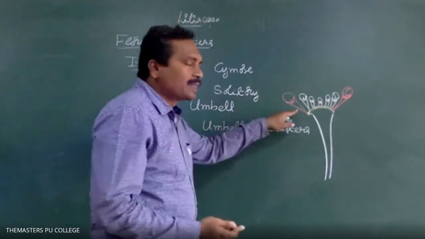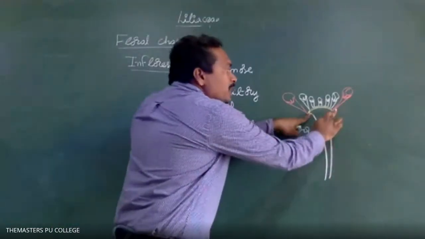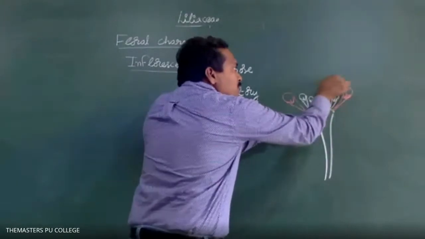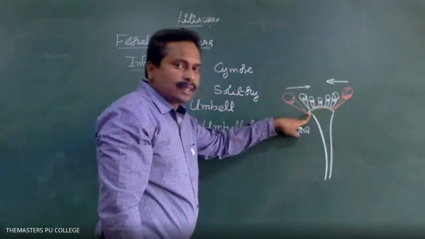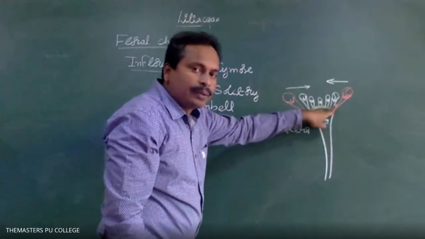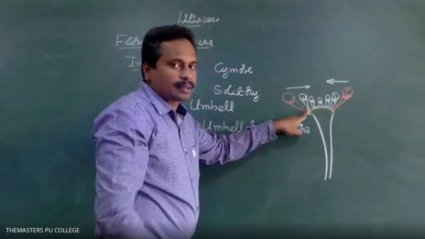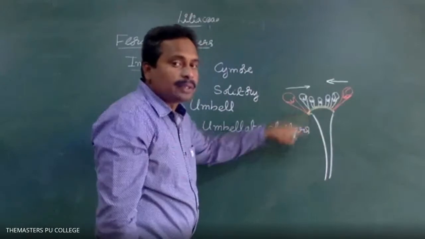The older flowers are present at the periphery, whereas younger ones are present towards the center. The flower opening takes place from the periphery towards the center. So what is the arrangement in this inflorescence?